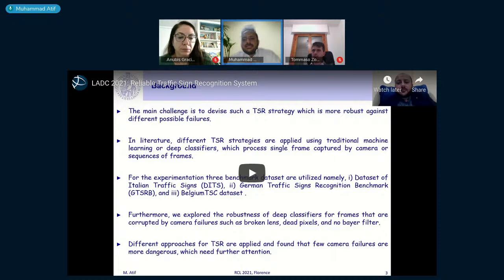But my overall feeling is that the failure detector with the TSR component will increase the robustness of the TSR system. But at the moment, I can't commit that this strategy will be the better one.